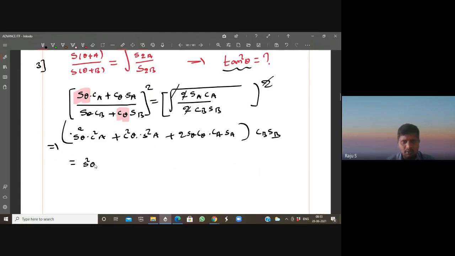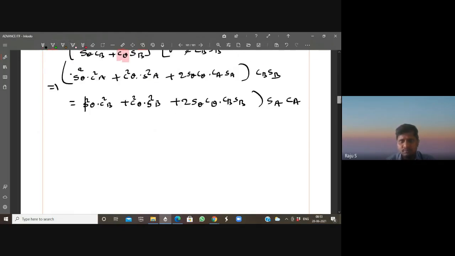So sine square theta cos square b plus cos square theta sine square b plus 2 sine theta cos theta cos b sine b into sine a cos a.